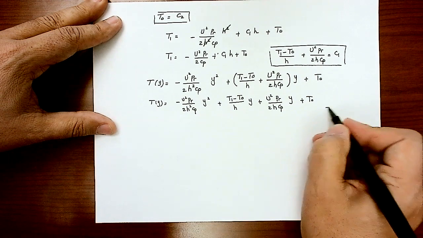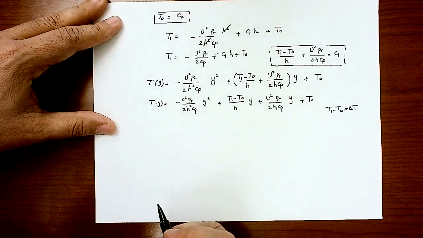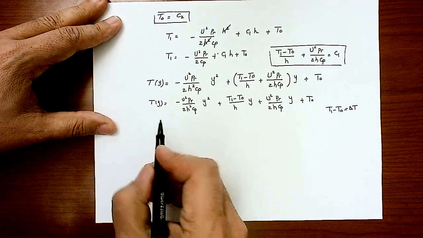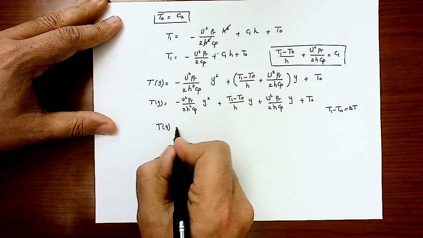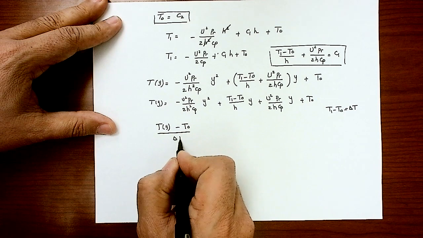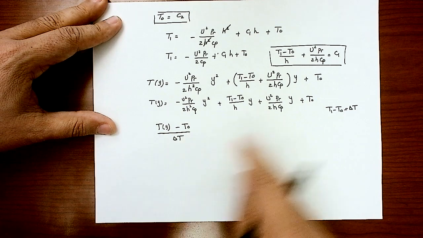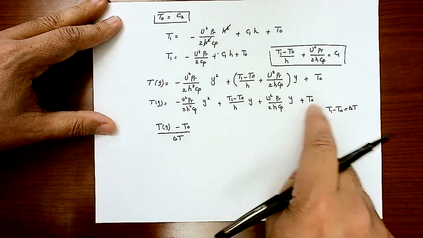Let's call T1 minus T naught delta T. So T as a function of Y minus T naught, divided by delta T. I will divide all the terms by delta T, so we'll get the following.